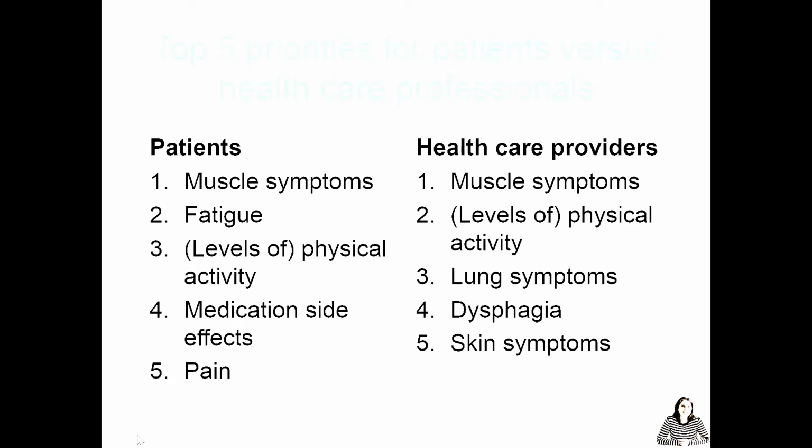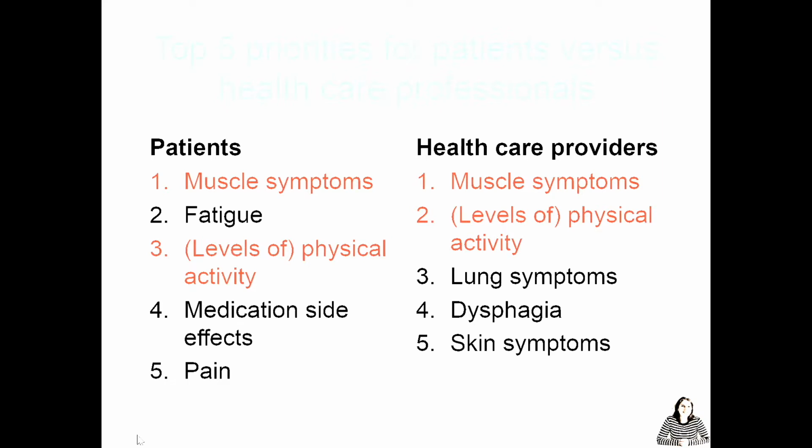And the healthcare providers chose muscle symptoms, level of physical activity, lung symptoms, dysphagia, which is problems swallowing, and skin symptoms. As you can see, only the ones in red are the ones that we sort of agree on that they should be in the top 5, but otherwise we have different opinions.